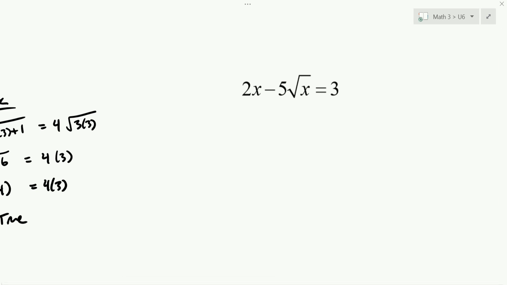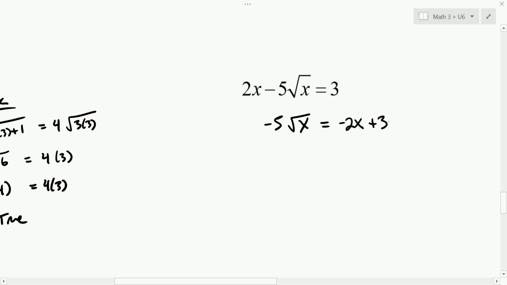So you want to get rid of the radical, but the way we get rid of it is get it by itself. So you do want to subtract 2x. I would subtract 2x so that we can get rid of the radical. So let's subtract the 2x. And I'll do negative 2x plus 3.